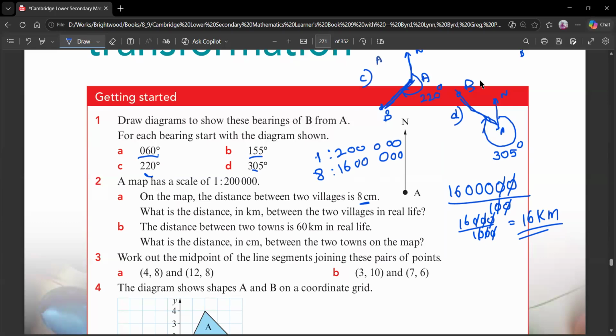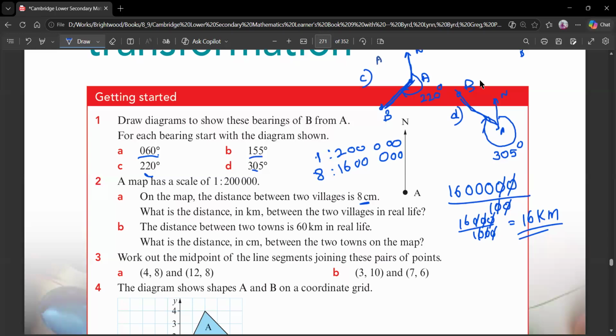The scale is 1 to 200,000, so 1 centimeter represents 200,000 centimeters. So 1 is mentioned as 200,000.